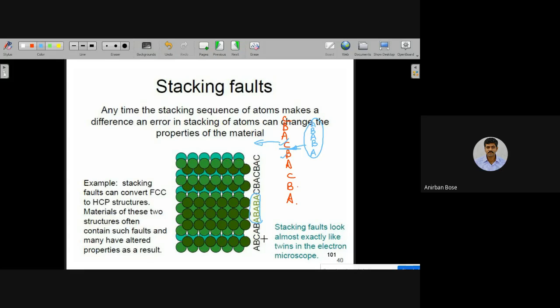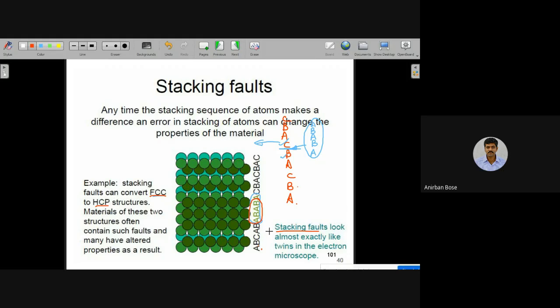Okay, so when this kind of thing occurs, it is called a stacking fault. And you know that FCC and HCP structures are very similar. ABC in the case of FCC, and in the case of HCP, it is an ABAB kind of structure. So it is sometimes possible that in an FCC structure, suddenly this HCP kind of structure, having different properties, is introduced. So stacking fault is very common in this kind of FCC and HCP structure.